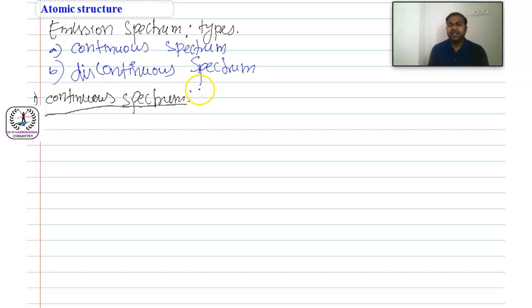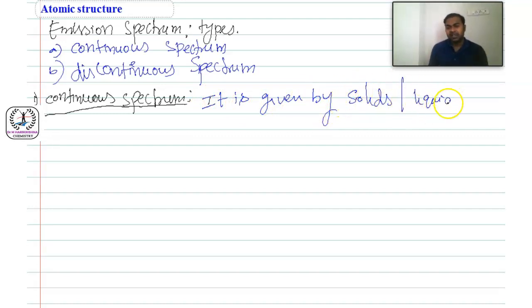This is called continuous spectrum. Normally it is given by solids or liquids.